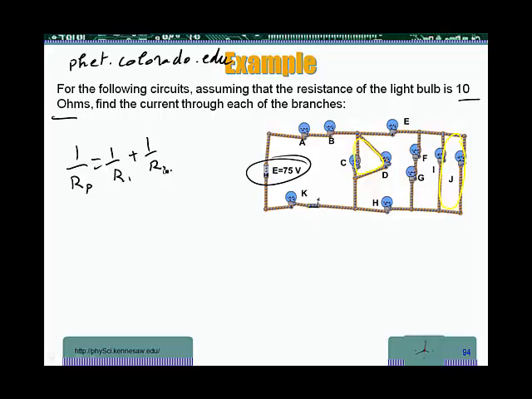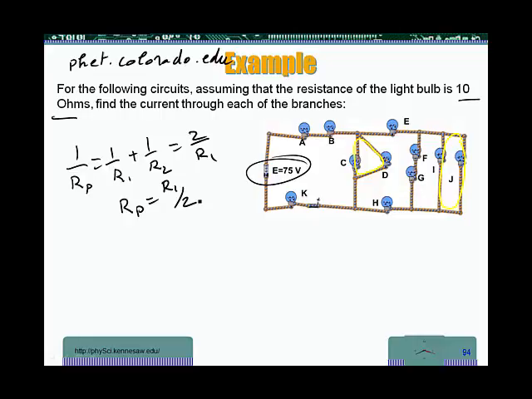Now, if those are the same value, then that's twice over R1, and R parallel is just R1 over 2.